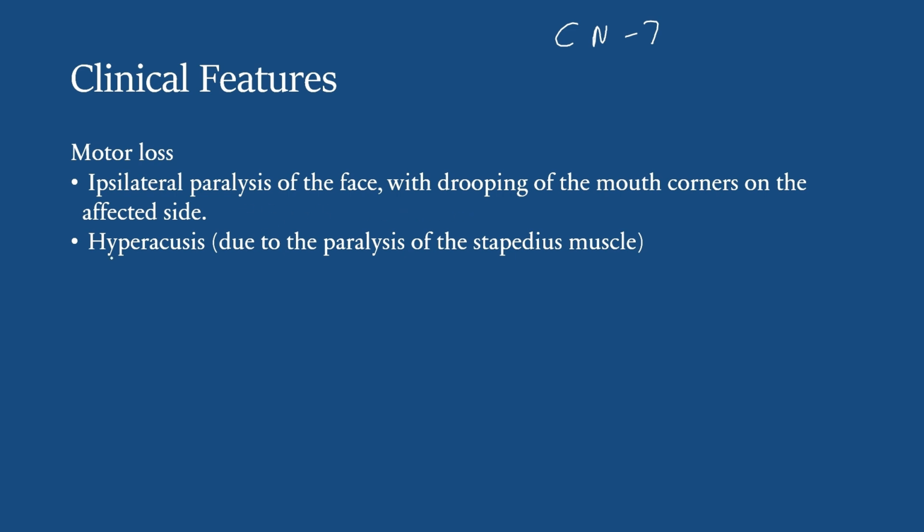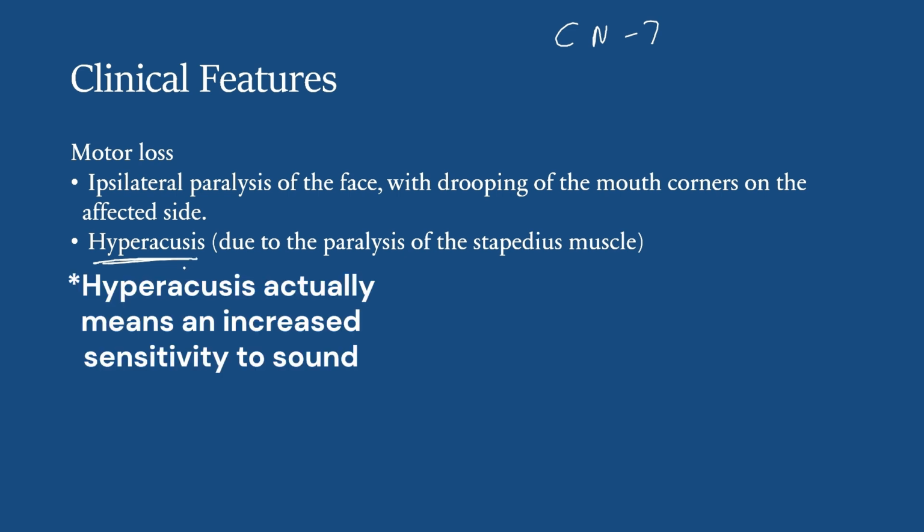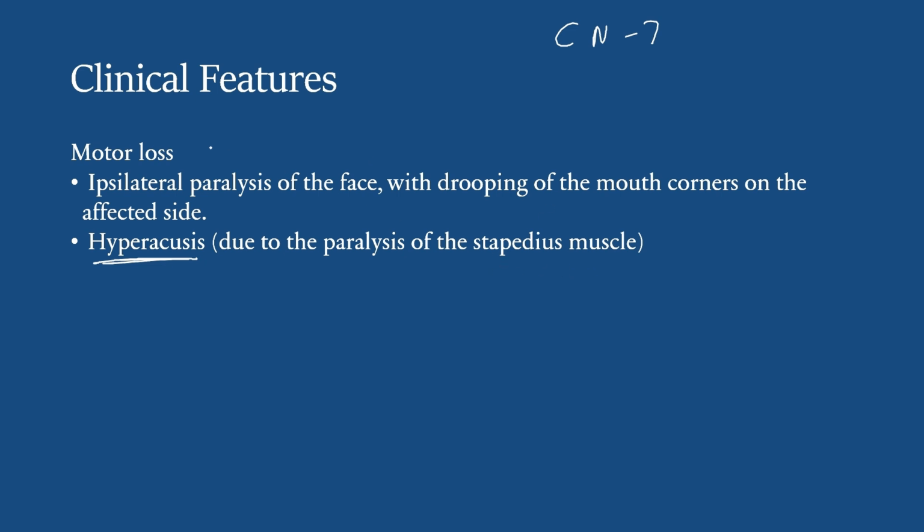The second thing is hyperacusis. Hyper means too much, and acusis means sound. So it's just loud sounds. Why? Because there's paralysis of the stapedius muscle. The facial nerve, which was supplying the stapedius muscle, can no longer dampen sounds, and now the patient starts to hear loud sounds.